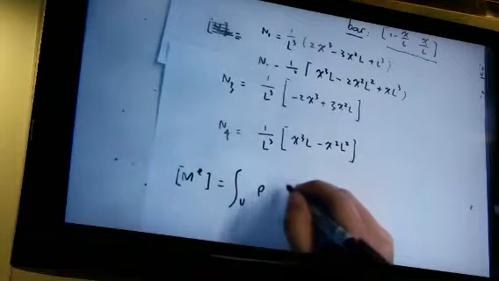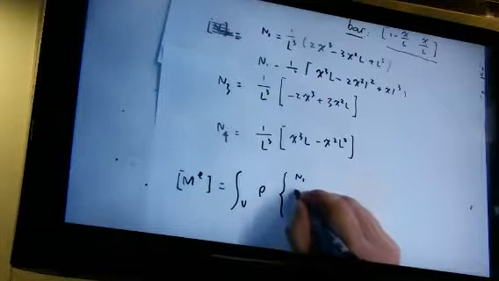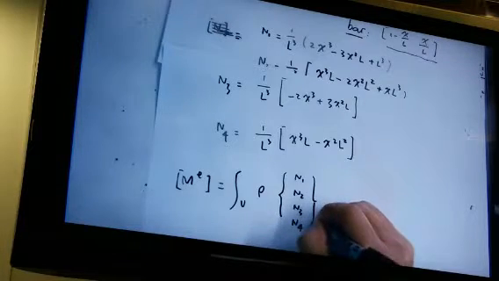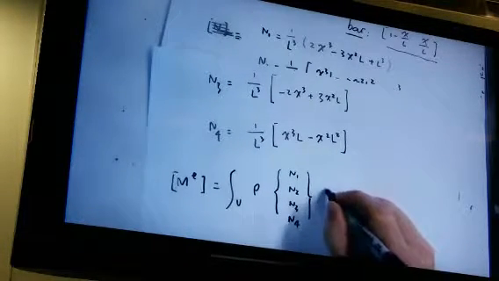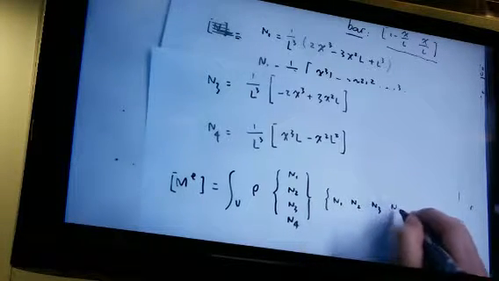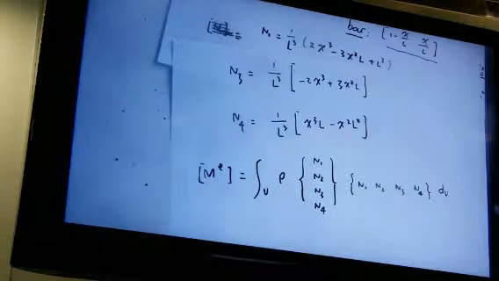Rho, so that N transpose should be N1, N2, N3, N4, 4 by 1. 4 rows, 1 column. And then times N1, N2, N3, N4, dV. Right? And then you convert the volume integration in terms of A dx, because the cross-section area along the x direction is the same everywhere. So convert dV in terms of A dx, and all of the N are functions of x.